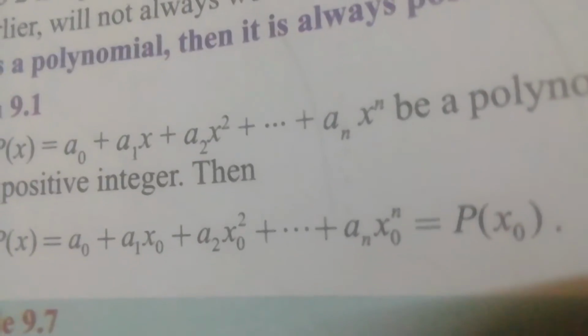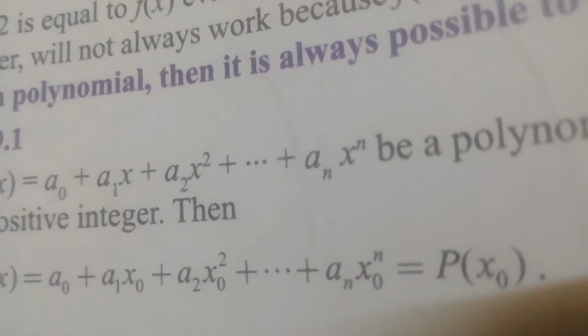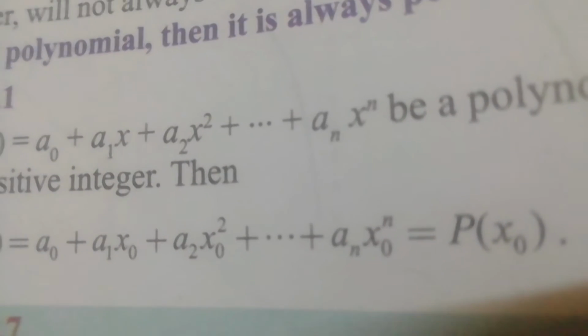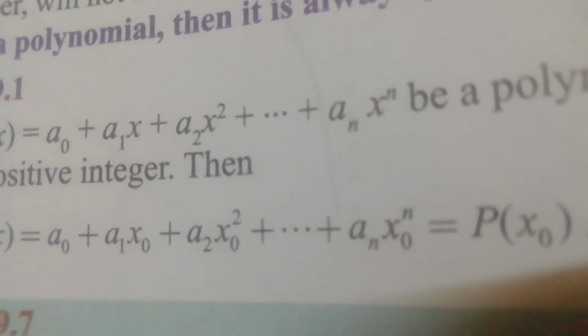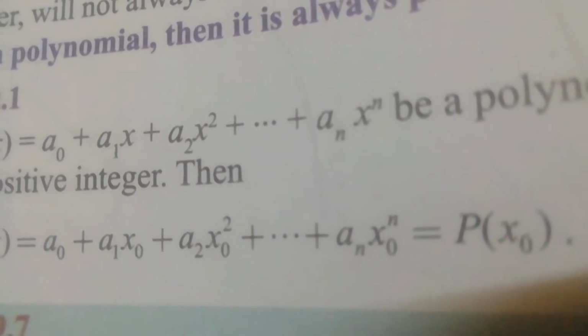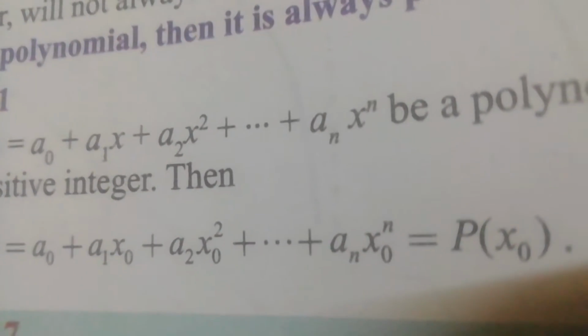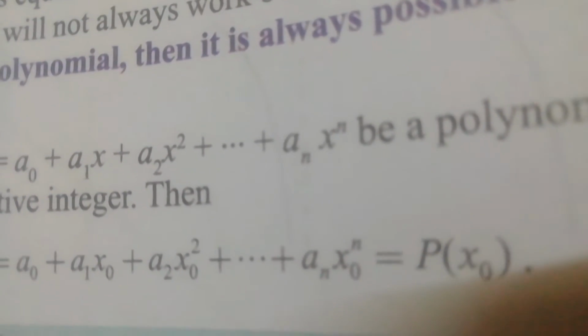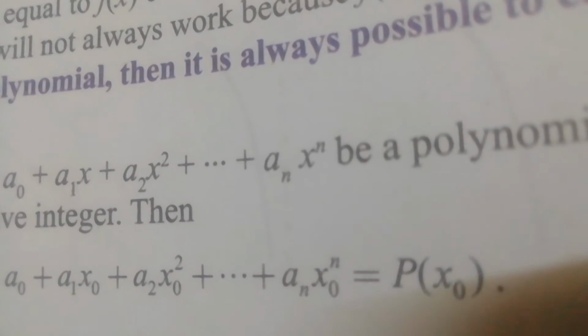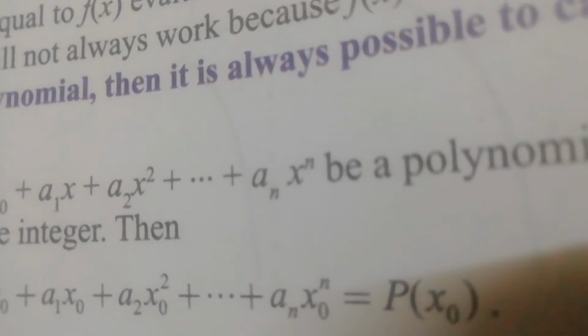Then if we put x is equal to x0, we get a0 plus a1 x0 plus a2 x0 square plus etc. plus an x0 power n.